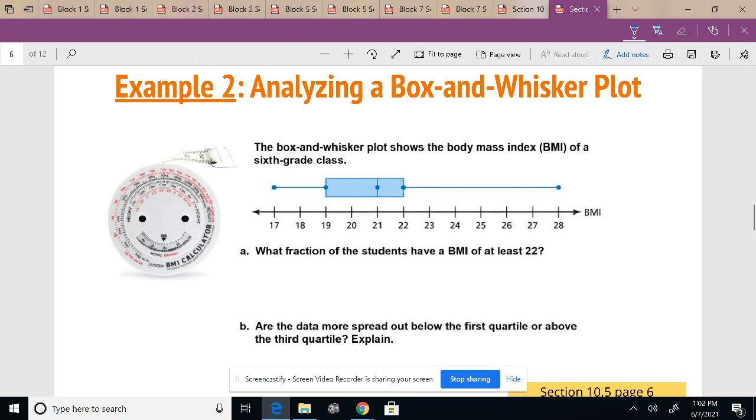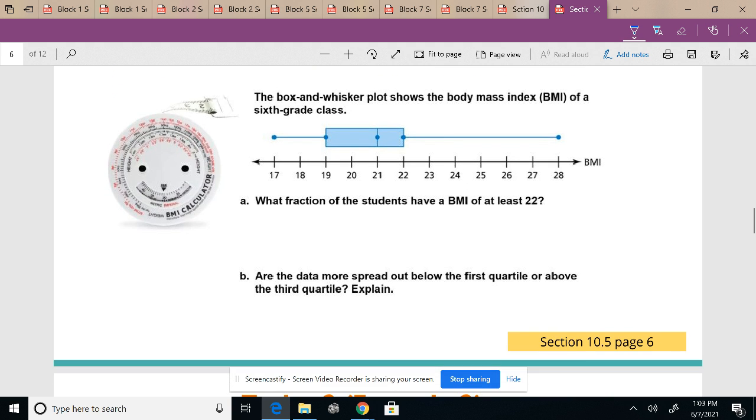All right, so we are going to be answering a couple of questions looking at our box and whisker plot. It says the box and whisker plot shows the body mass index, the BMI, of a 6th grade class. What fraction of the students have a BMI of at least 22?